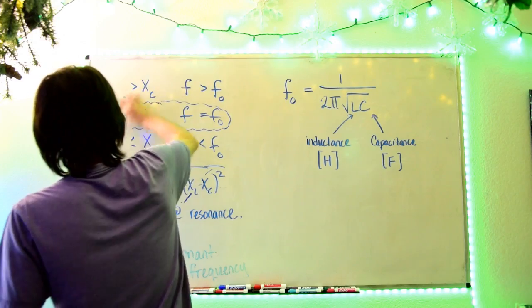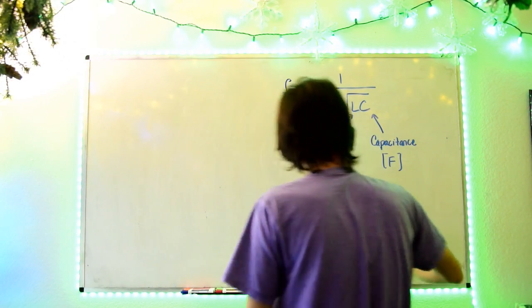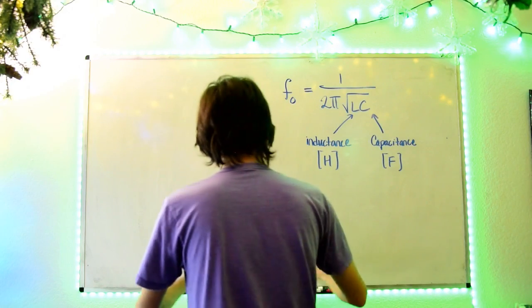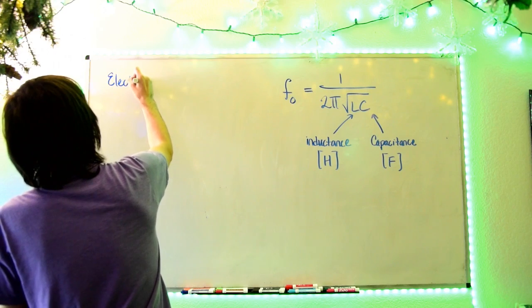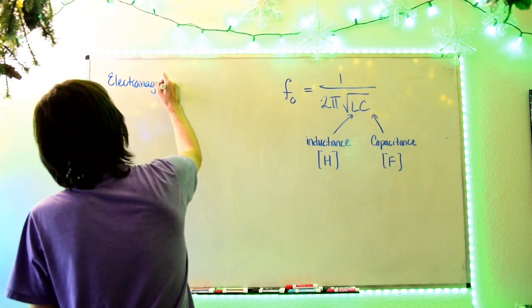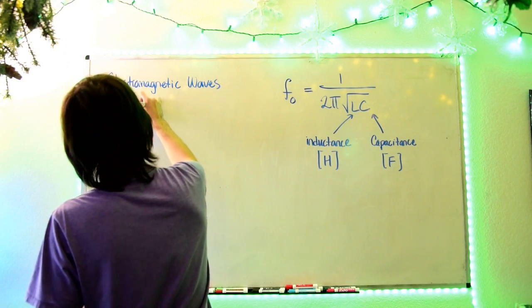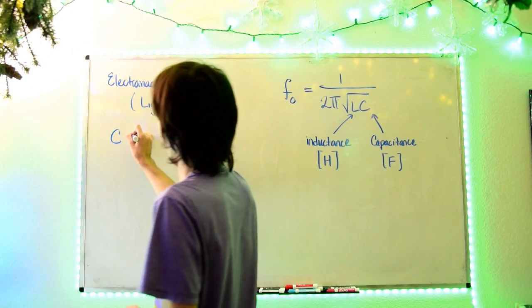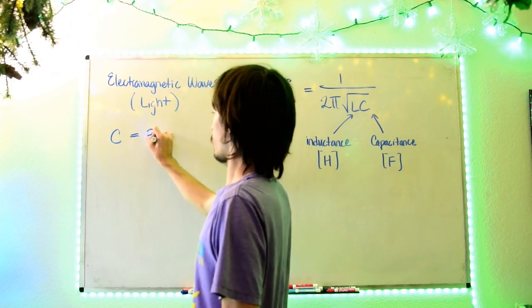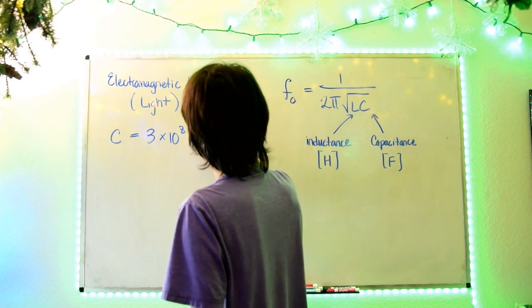There's a very, very simple equation for that. We just use the wave equation for light. For electromagnetic waves, in other words, light, we know that the speed of light, c, is 3 times 10 to the 8th meters per second.